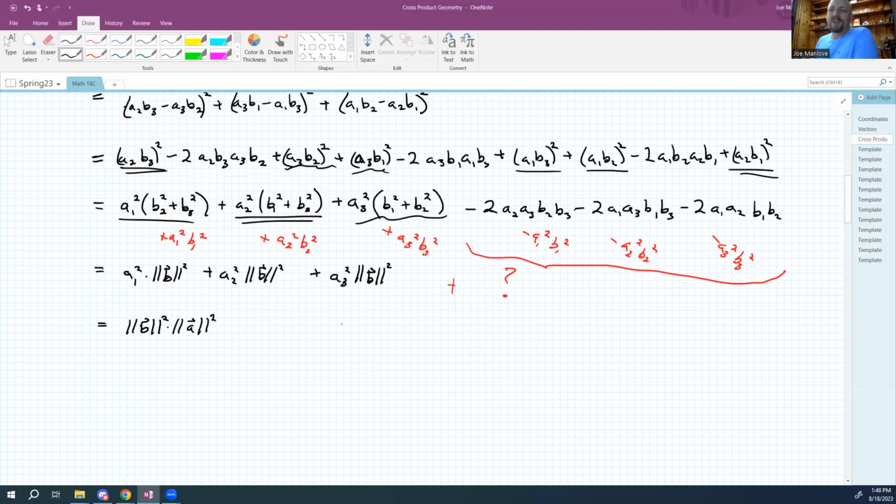I'm gonna leave you guys a little project because I think it's probably not gonna do you a lot of good to see me do this. But I'm gonna give you a hint. Here's the hint. I want you to subtract here, and I think you should be able to demonstrate to me that this is going to be the magnitude of A squared times the magnitude of B squared times the cosine of the angle between them squared.